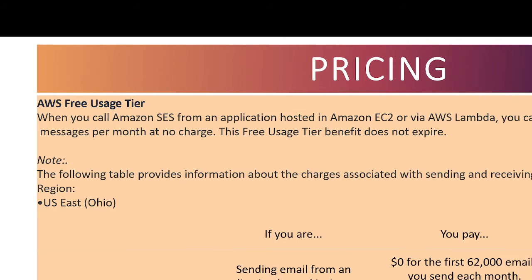If you are sending email from an application hosted in Amazon EC2, you will pay $0 for the first 62,000 emails you send each month, and $0.10, which is 10 cents, for each 1,000 emails you send after that.